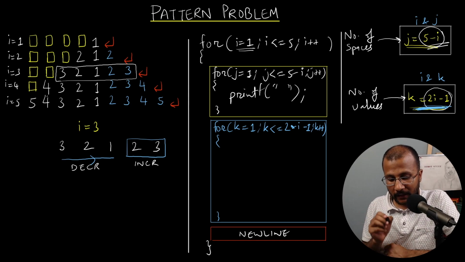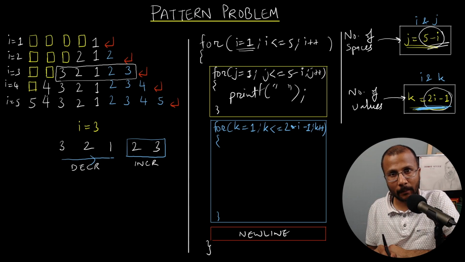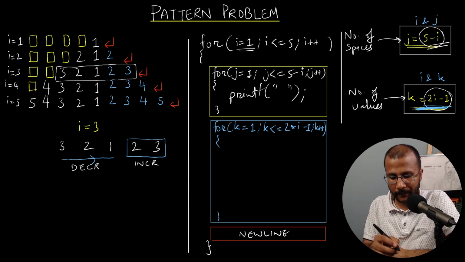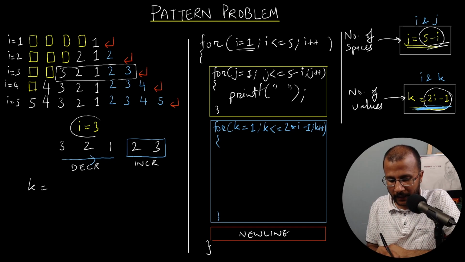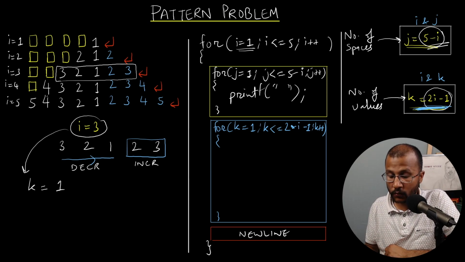But to print a value, I have two patterns coming up here. One is a decrementing number and one is an incrementing number. Like in case of i equals to 3, what is the range of k? k will range from 1 and go up to 2 times 3 minus 1, so 6 minus 1 is 5. So it will go from 1, then 2, then 3, then 4, then 5.